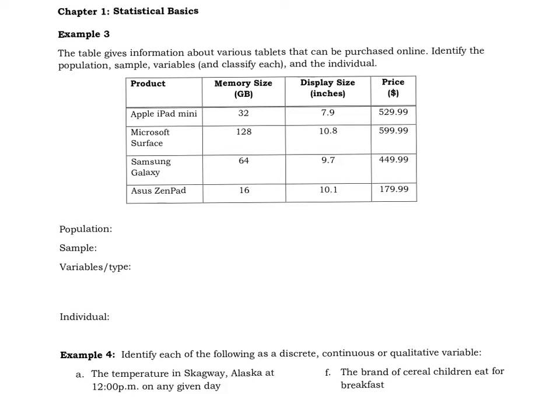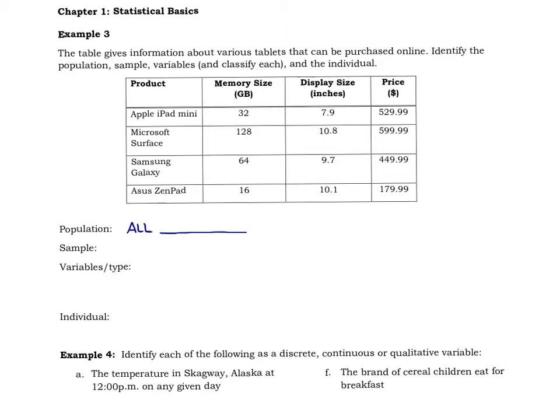So first, population. I'm going to give you just a little bit of a starting hint. Remember, we want to use the word all. Okay, that's the hint. So all what? Even though this table doesn't represent all of something, it is representing a smaller group of something. So what would that be?